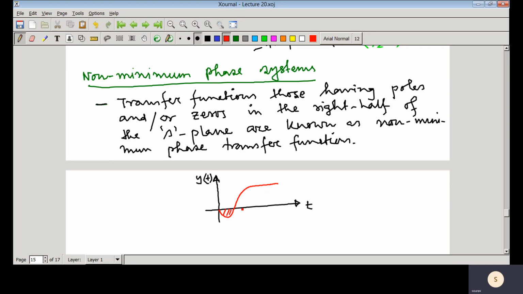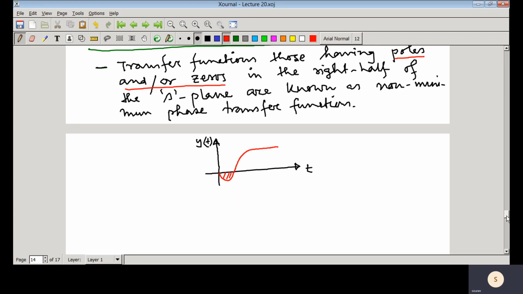So if there is a pole or zero in the right half of the S-plane, this is called a non-minimum phase system. But conventionally, if there is only a zero on the right half of the S-plane, it is called a non-minimum phase system, while by definition it is a pole or zero.